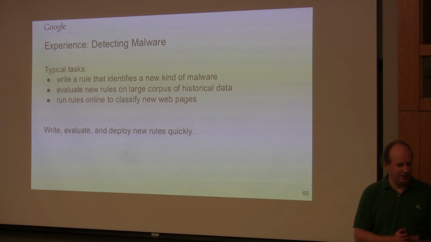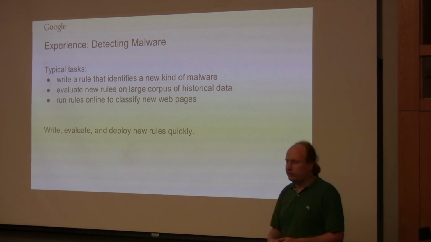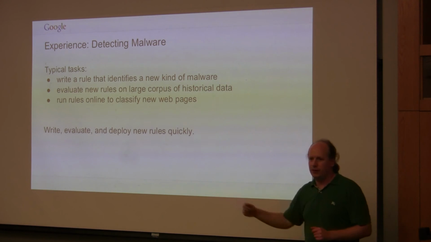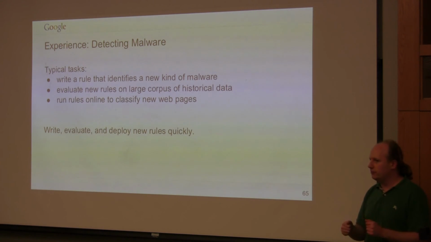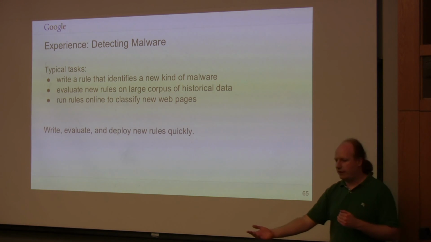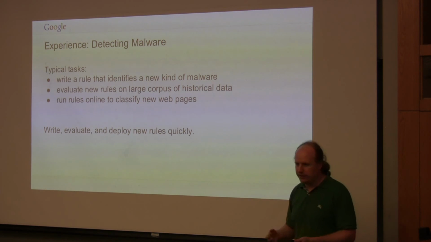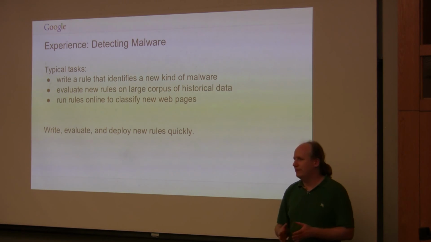Okay, so what do these malware people do? Well, the main thing is they need to write new rules. Somebody deploys a new piece of malware. The malware team has to write a new rule to keep everybody safe. So what do they need to do for that? Well, they first need to know whether the detection rule detects something that is already known good, because that would be egg on our face, right?